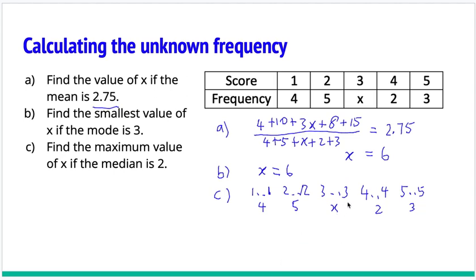Now, suppose the median is the last score of 3, because there are a few 3s here, so we need to pick one for the median. Sorry, the median is 2 actually. Yeah, the median is 2.